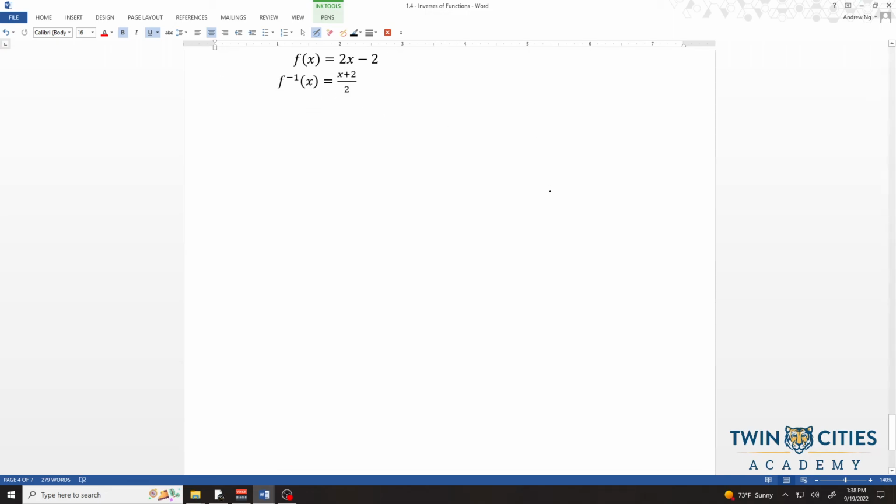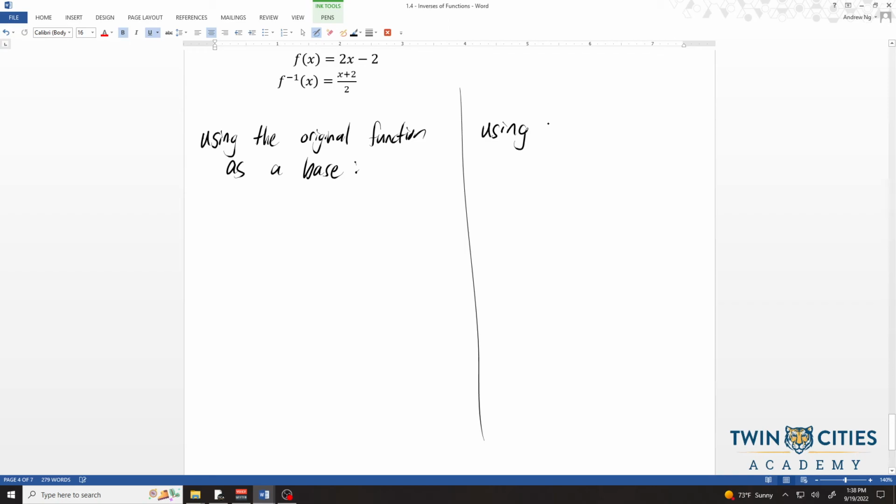What I'm going to do is I'm going to show you, okay, this is going to be using the original function as a base. And then over here, let's say that this is using the inverse function as a base.